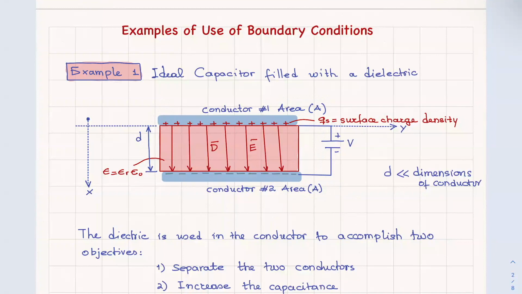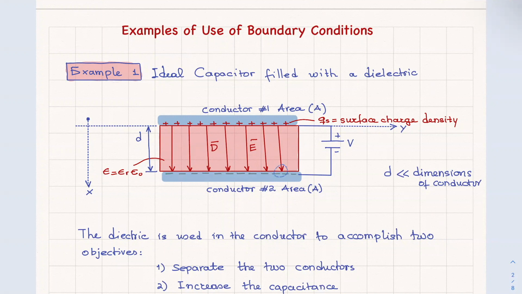It means that the field inside this capacitor, which we call ideal because it does not have edge effects, will always be, the lines will be parallel to each other and perpendicular to the two conductors, always. So here is my drawing, but all of these lines are perpendicular to the two conductors.